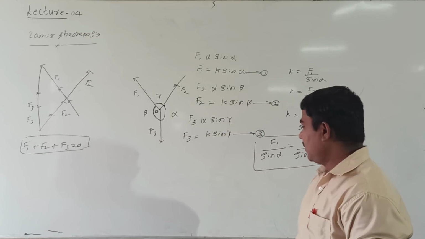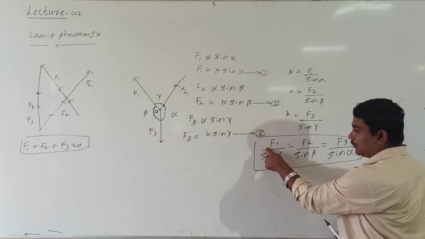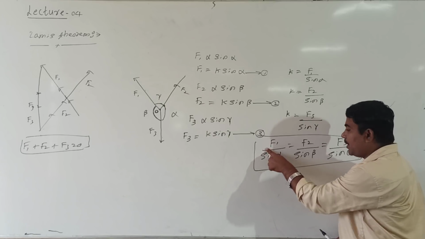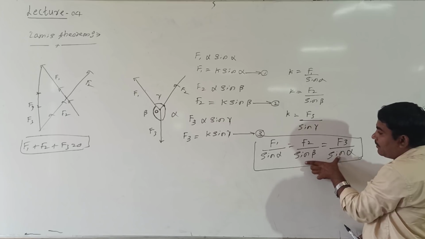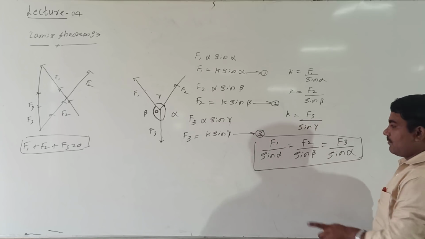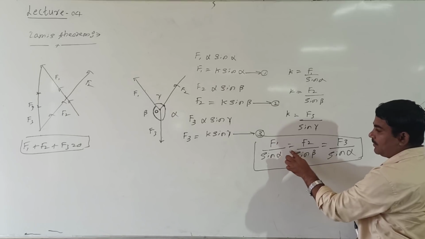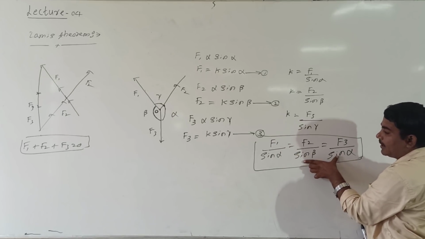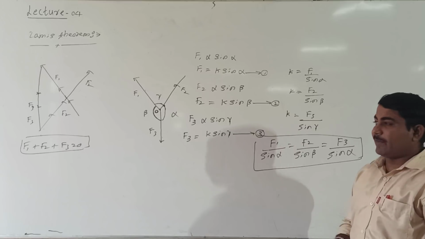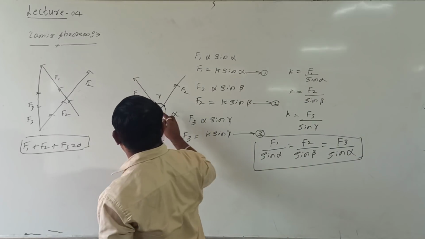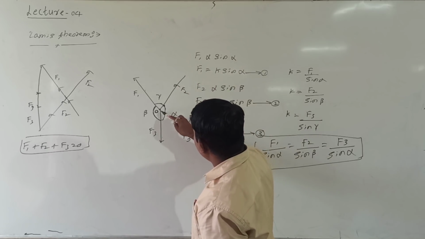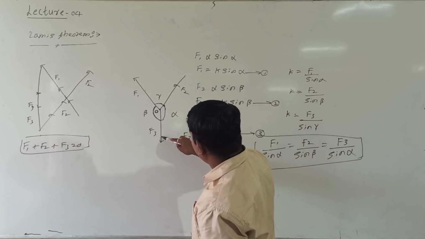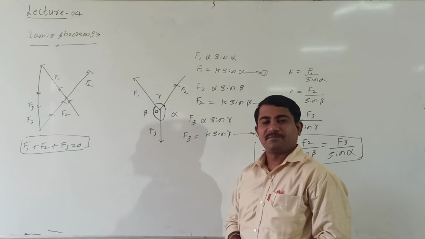Then the magnitude of one force is directly proportional to the sine of the angle between the two remaining forces. I mean, the magnitude of this force is directly proportional to the sine of the angle between f3 and f2.